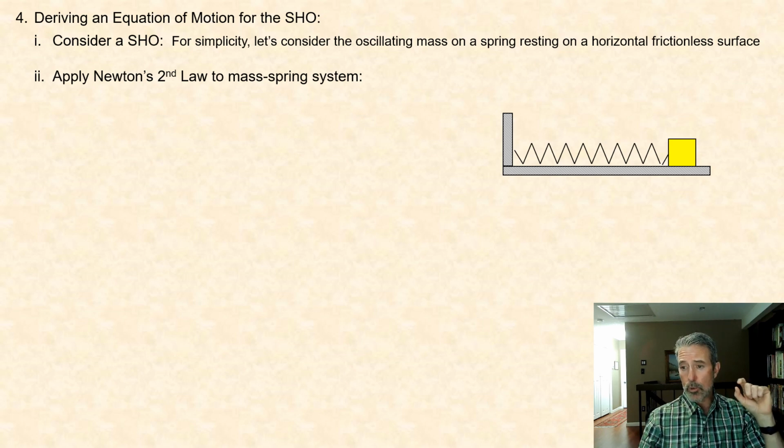So in order to do that, we'll start by drawing a free body diagram for this mass on the end of the spring. Certainly we have the force of gravity pulling it downwards, and because it is resting on this horizontal surface, it is being supported by a force we'll call here the normal force, which acts vertically upward.